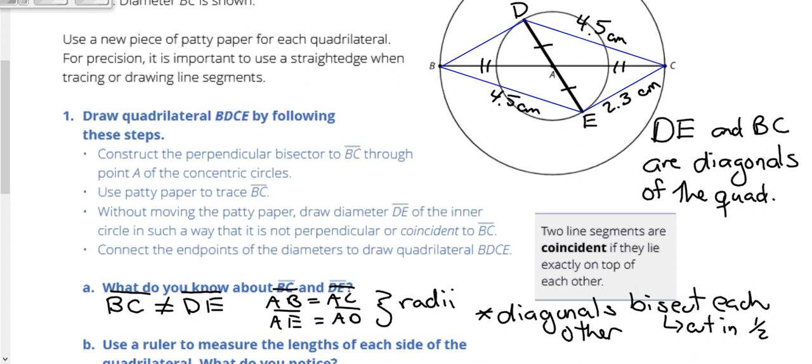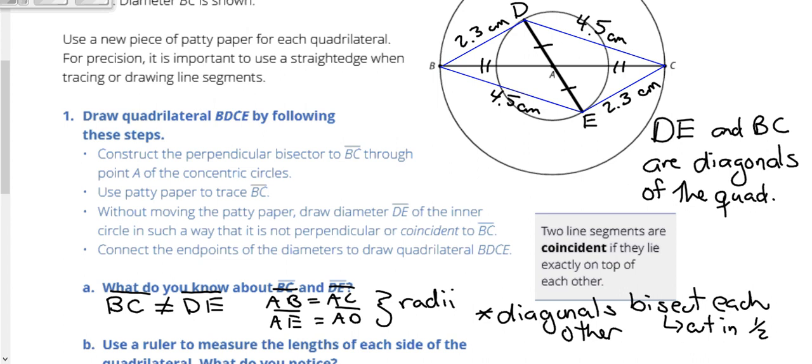But the key thing is that hopefully the length of BE is the same as the length of DC, and the length of EC is the same as the length of BD, or pretty close. Okay, and you're going to be measuring in centimeters. All the measurements that we're going to do are in centimeters because we can put them with decimals.